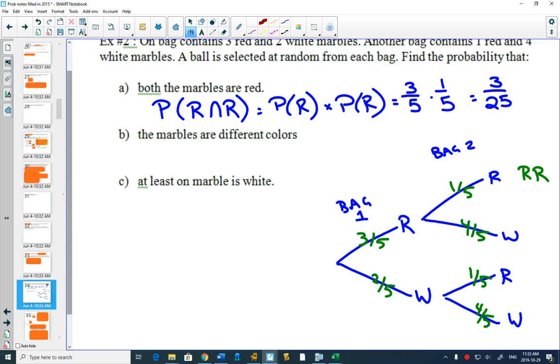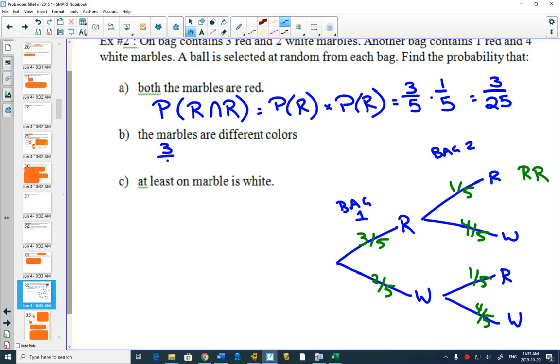The reason the tree diagram is really helpful for B is, can you see that there's 2 cases to get different colors? So the mistake that students make in B is they just go, I want the probability of red and white. But you could also get the probability of white and then red. On our tree diagram, we can see that there's 2 situations.